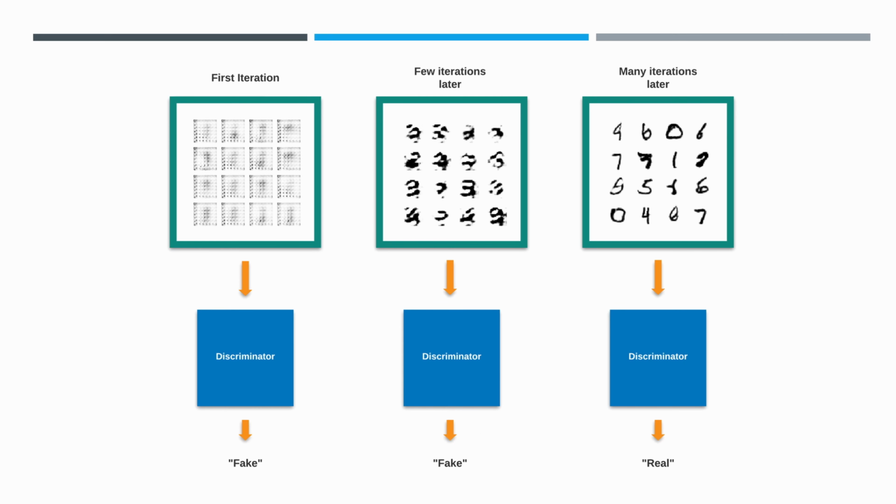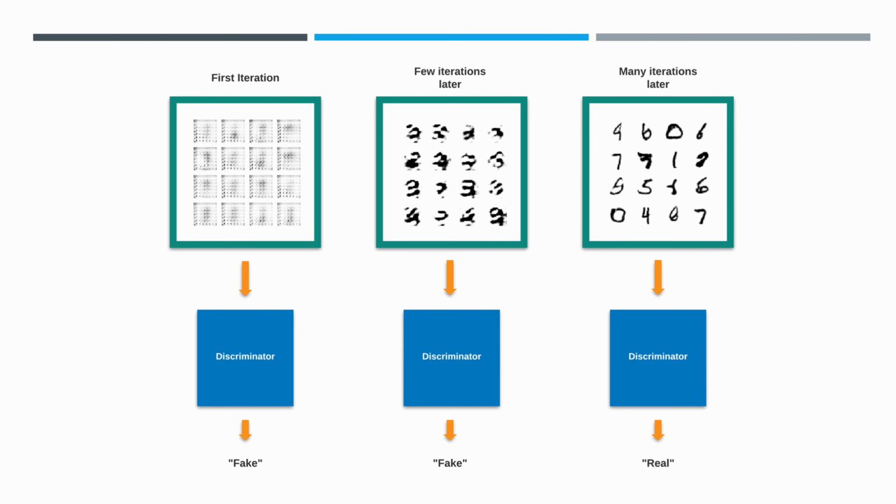So at the start, at the first iteration, what's being generated by the generator will probably look like just noise, and the discriminator will have no problem classifying them as fake images. A few iterations later, we would probably see some recognizable shapes being generated by the generator, and at that point the discriminator will probably still be able to classify them as fake images.